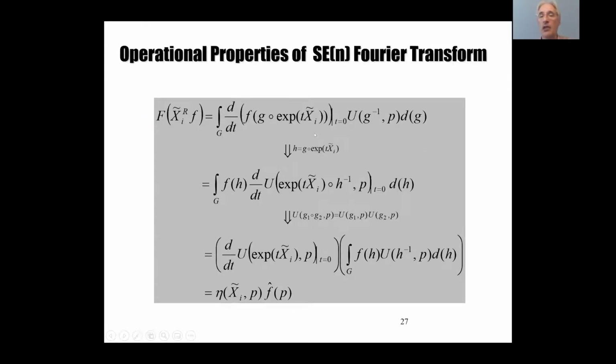And we have operational properties. And that's the key to applying the Fourier analysis to a diffusion equation like this, is that when you apply the non-commutative Fourier analysis to this sort of differential operator in the Lie group, you work through basically the same way you would in the abelian case, and you convert differential operators on the group into operator matrices in the dual space, okay?